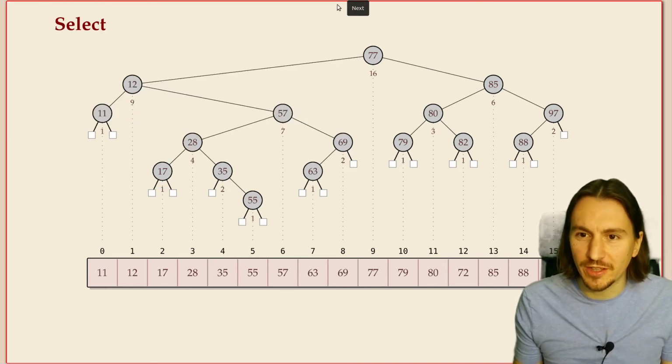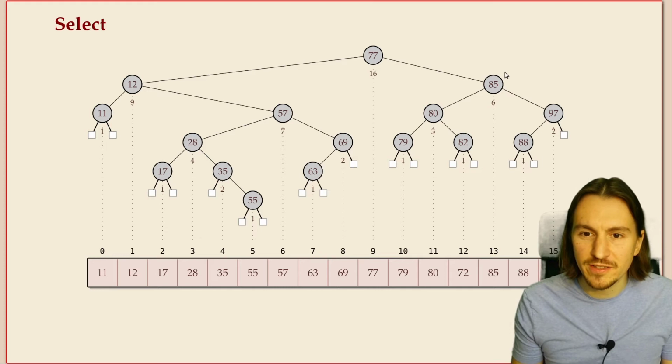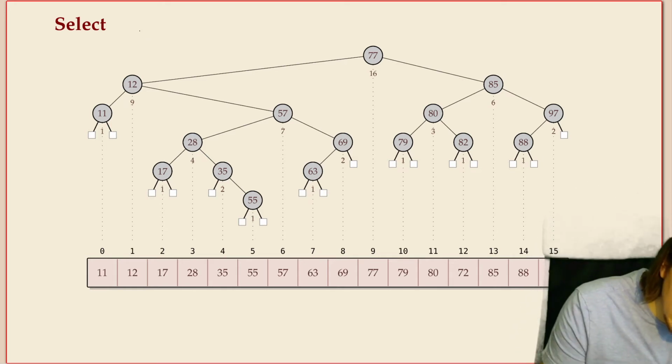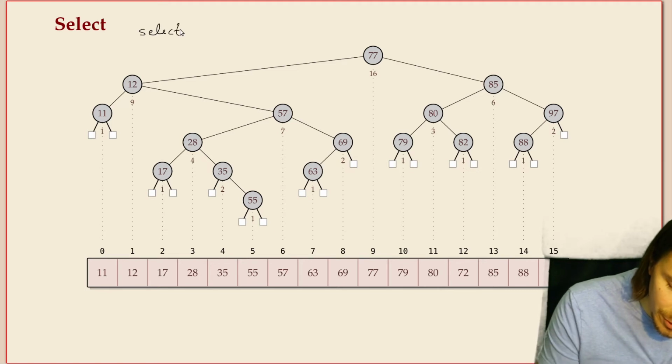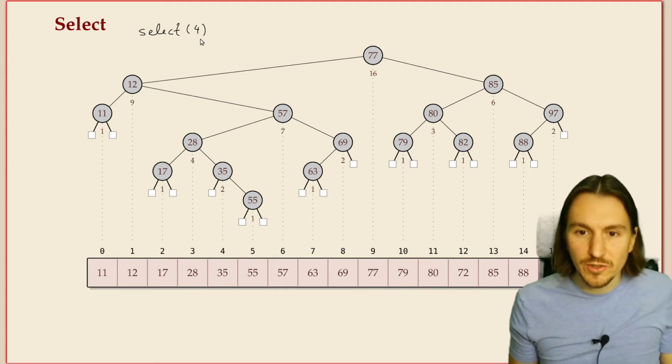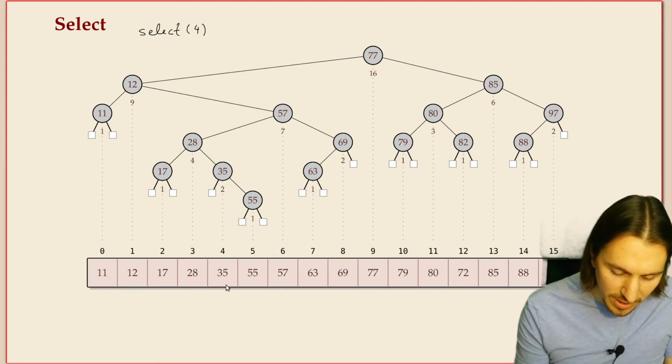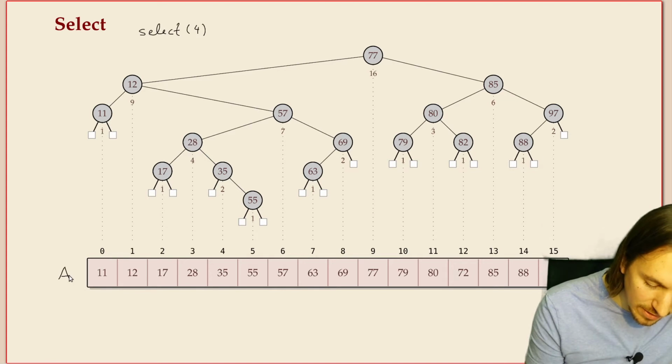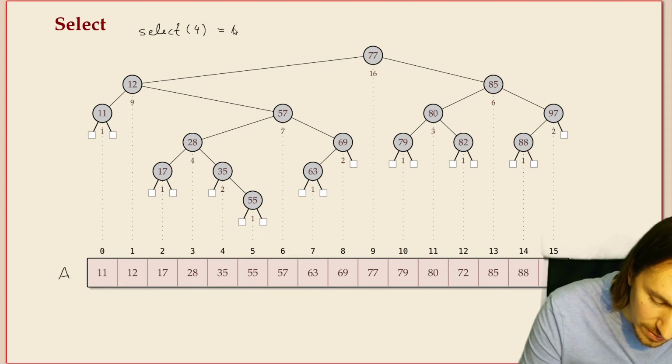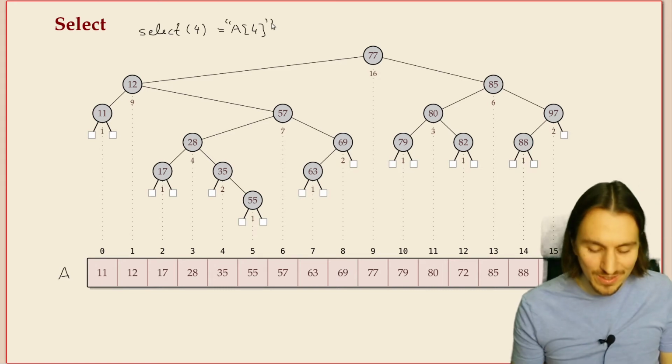How can we do select? How can we find the element at position 4? Let's do the same one, so we get the same result. So again, select 4, it should just be, if this was the array, accessing the 4th position at this array, except that this array doesn't really exist.